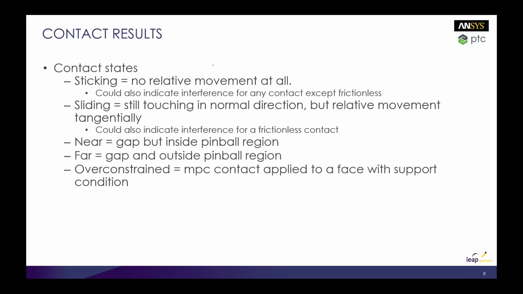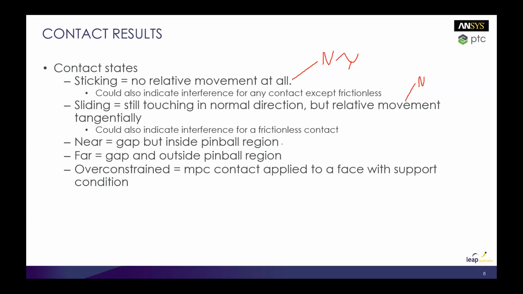Okay, so with the contact states, for sticking, that means in the shear directions there's no relative movement. With sliding, in the normal direction we're closed, but in the shear direction we're essentially open, or there's movement.